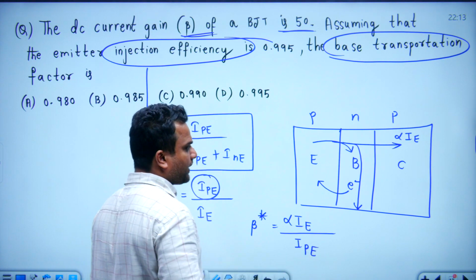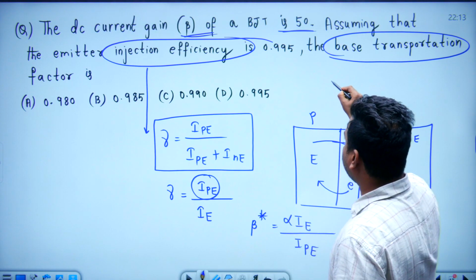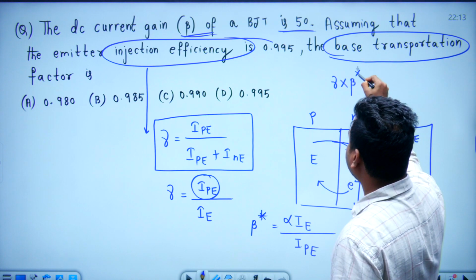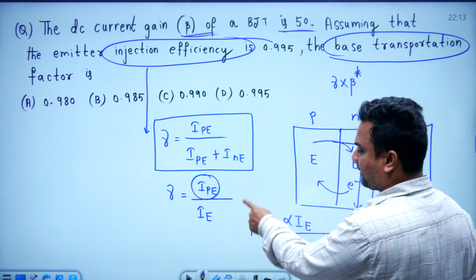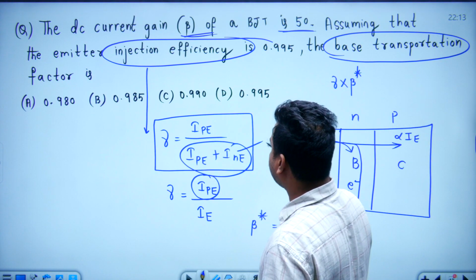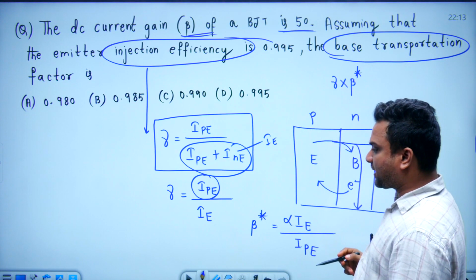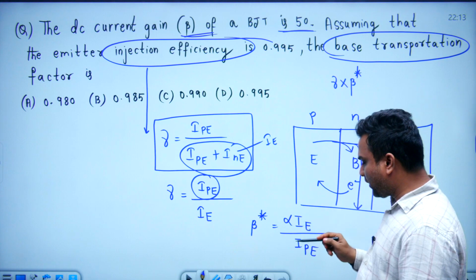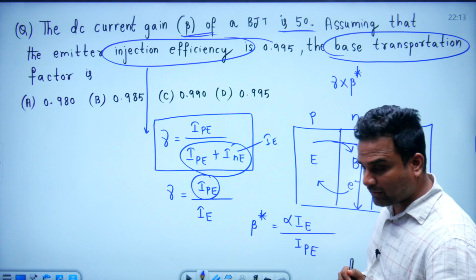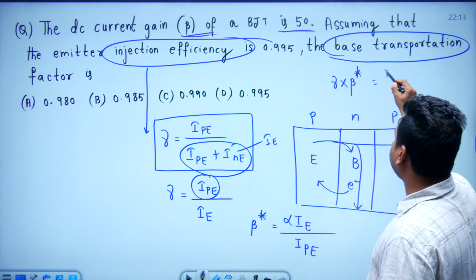Okay. Now let us multiply these two factors, gamma into beta star. What is gamma? IPE by IE, meaning this IPE plus INE we assume as IE, the total emitter current. Now gamma into beta star is IPE by IE into alpha IE by IPE.